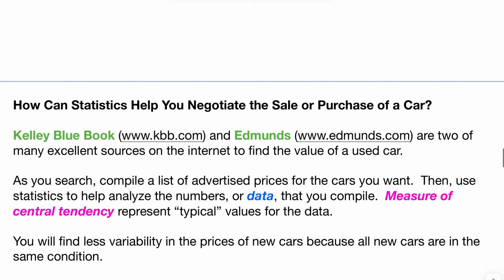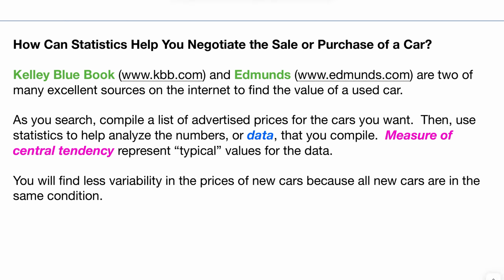Okay, let's go ahead and move on. So the next section here is we're going to talk about how statistics can help you negotiate the sale or purchase of a car. Okay, so websites like Kelley Blue Book, which is kbb.com, and Edmunds.com are 2 popular and excellent sources on the internet to find the value of a used car.